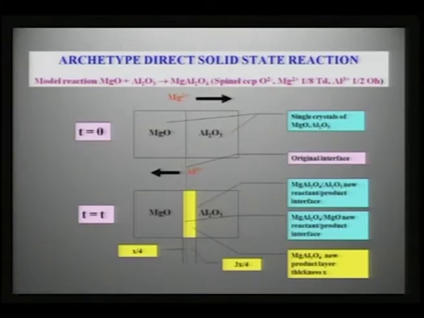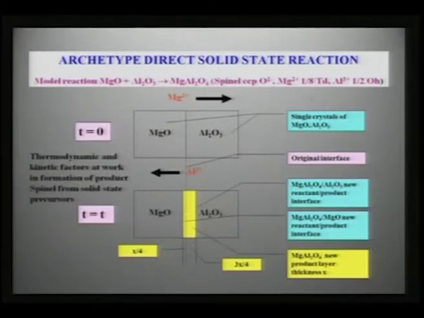Now here the beauty is magnesium has to go into 1/8 of the tetrahedral voids, and aluminum has to go into half of the octahedral voids selectively. Now all this has to happen when you just keep one crystal with the other crystal and you start heating it, and this is what happens.